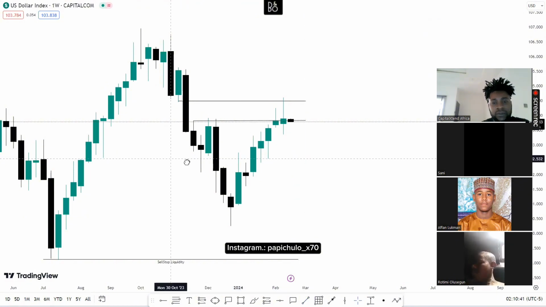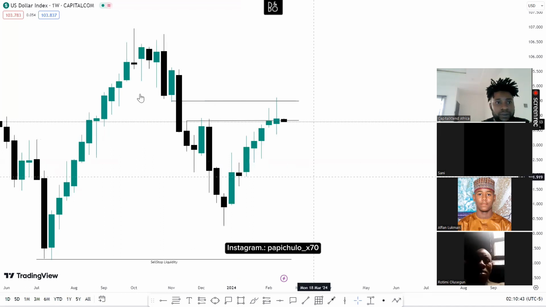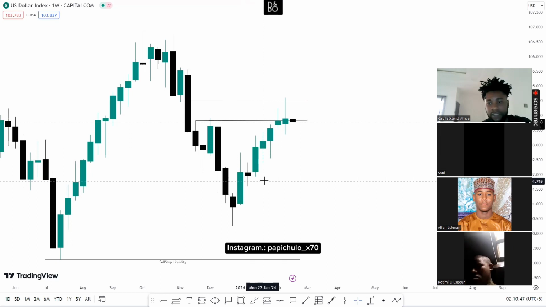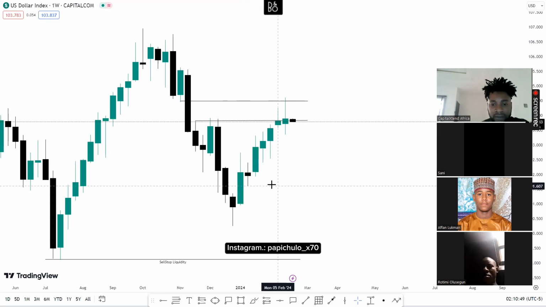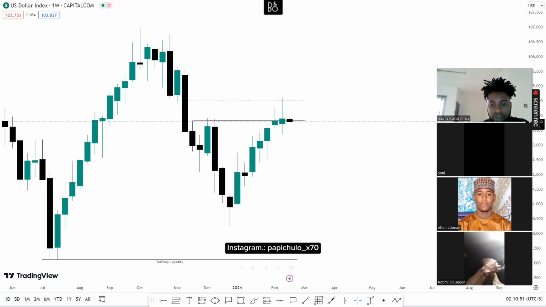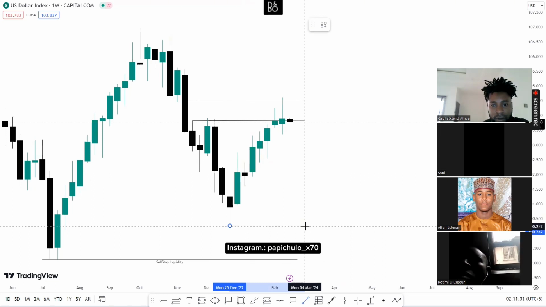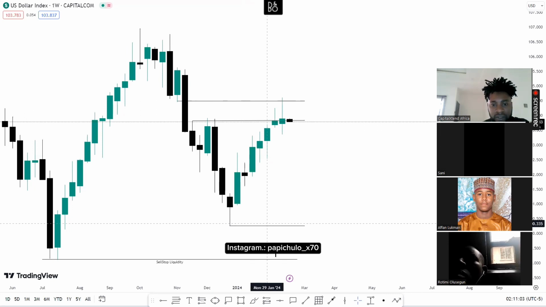So from DXY, from the weekly time frame, I'm expecting a bearish DXY. I'm expecting DXY to come take out this sell stop liquidity resting below here first before coming for this one.